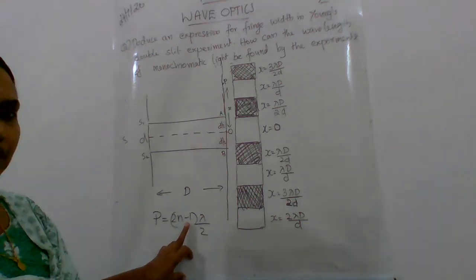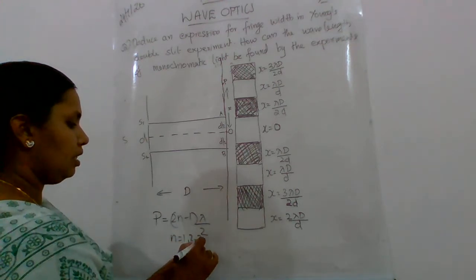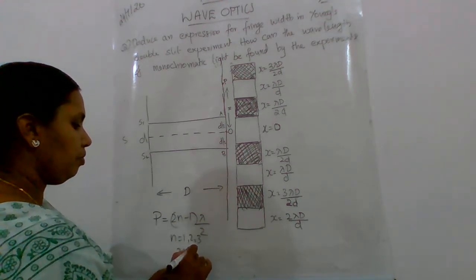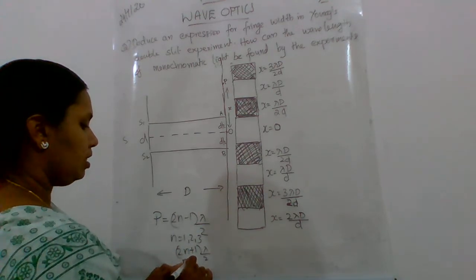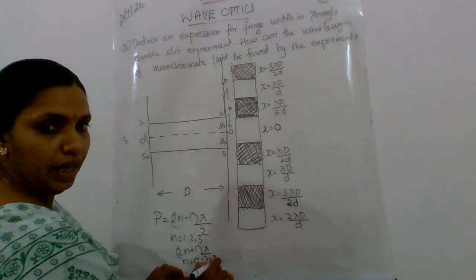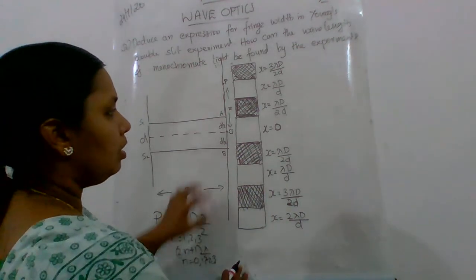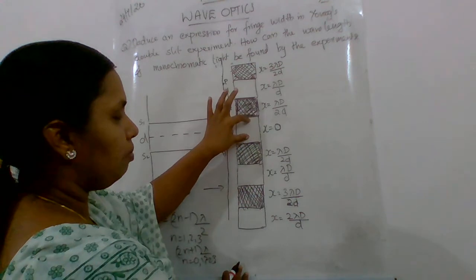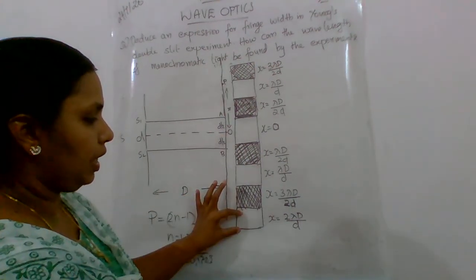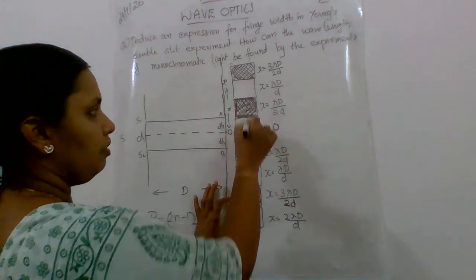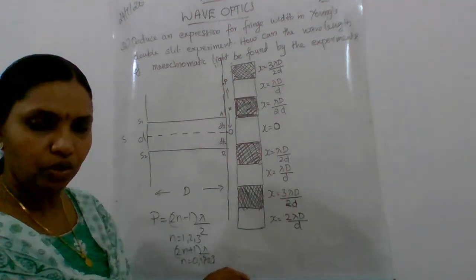Just remember that if it is minus, n starts from 1, 2, 3, etc. If it is plus, (2n plus 1) lambda by 2, it starts from n is equal to 0, 1, 2, 3, etc. So that is the difference. So here, central bright, first bright, both sides, second bright. Then these are the first dark, second dark, third dark, it will go on.